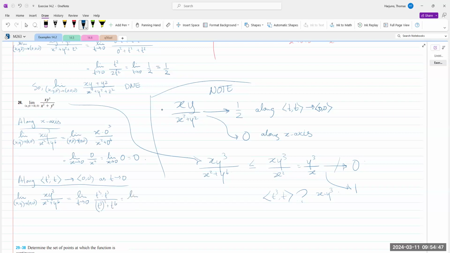That's the limit as t goes to 0 of t to the 6 over 2t to the 6, which is, I cancel the t's because t is not 0 yet, I get 1/2. So the limit as (x, y) goes to (0, 0) of xy cubed over x squared plus y to the 6 does not exist.